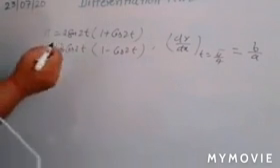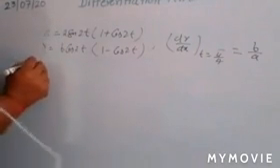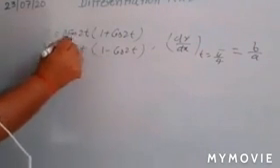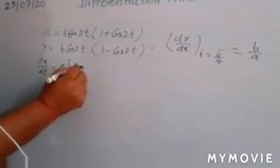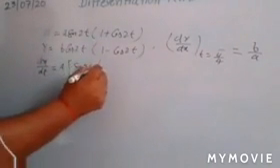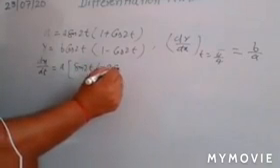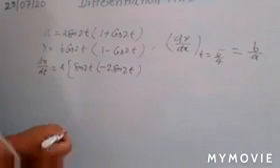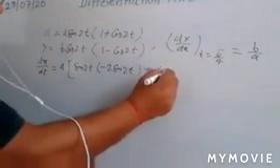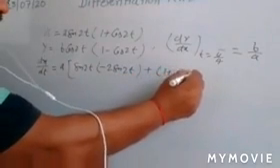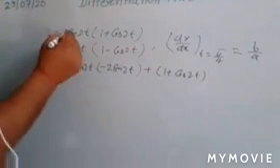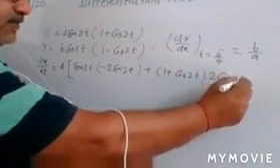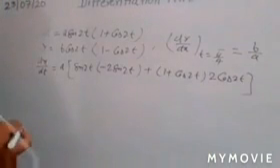So applying it, dx by dt is a, and applying product rule: first function and differentiation of second, so minus 2 times of sine 2t, plus second function, so 1 plus cos 2t into differentiation of first, so you have 2 times of cos 2t.